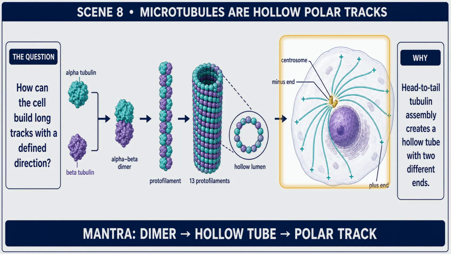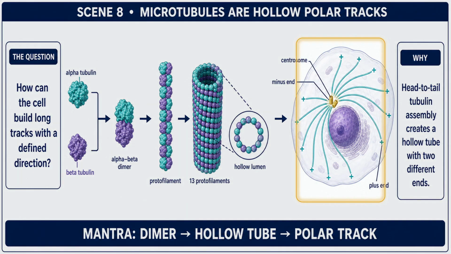That head-to-tail assembly makes the microtubule polar. Its two ends are not equivalent. In many interphase cells, minus ends are anchored near the nucleus at a microtubule organizing center called the centrosome. Plus ends extend outward toward the cell periphery.